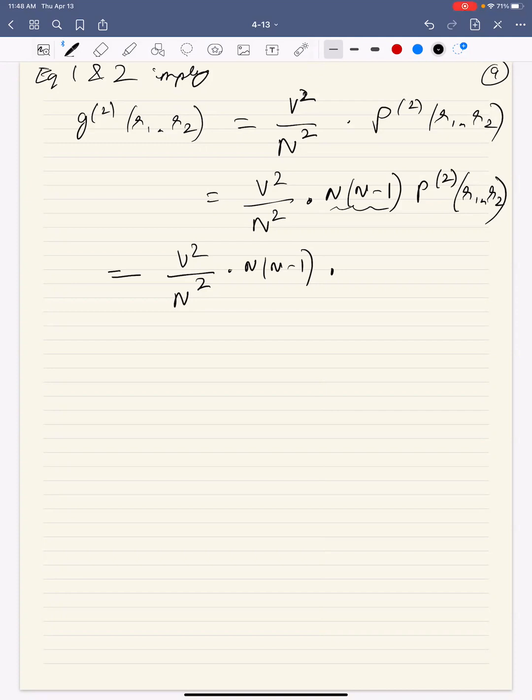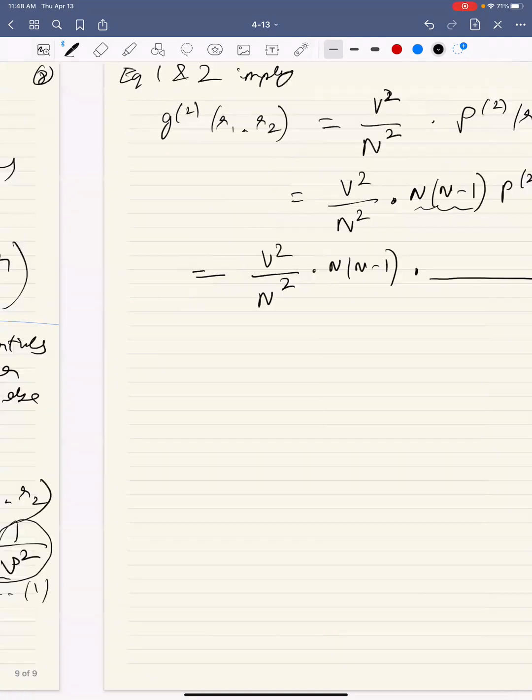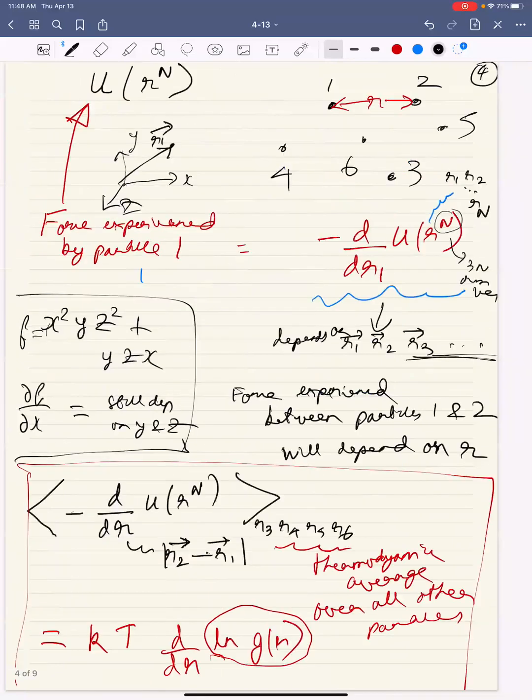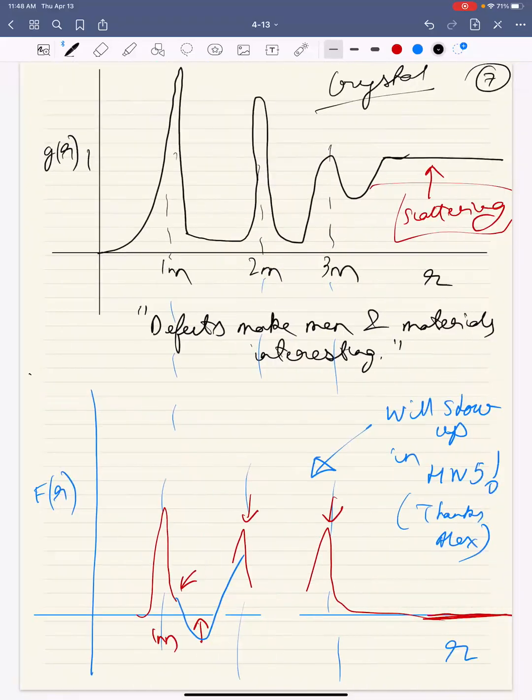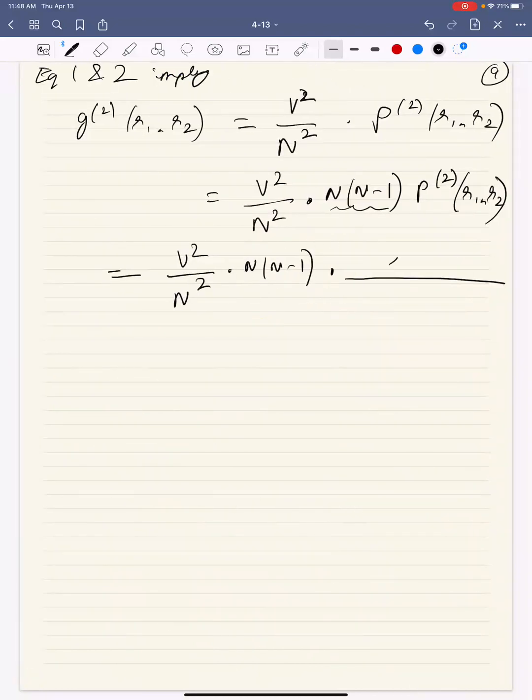Now let's think about what is P2. How do we get P2 from the Boltzmann probability? Anyone remembers? We wrote it on the first page. That's your hint. E to the power minus beta, the full n body potential U, which depends on Rn, on everything.